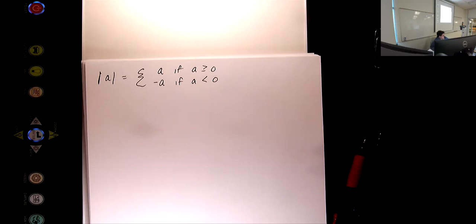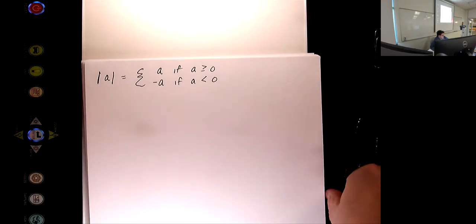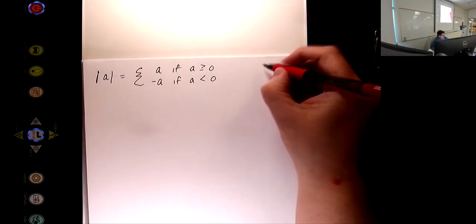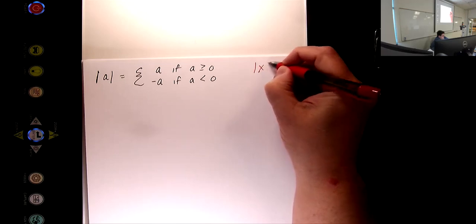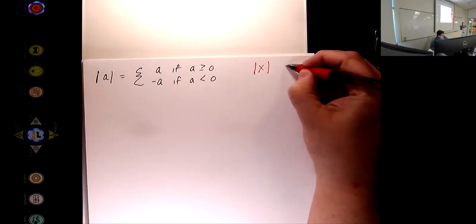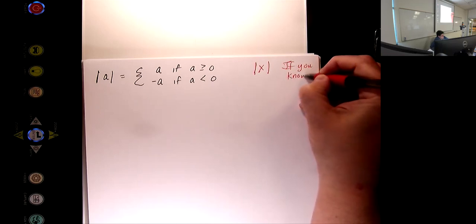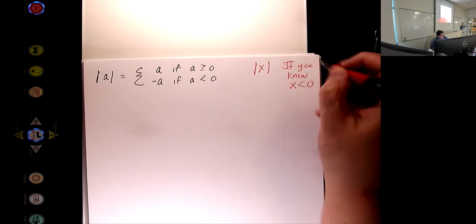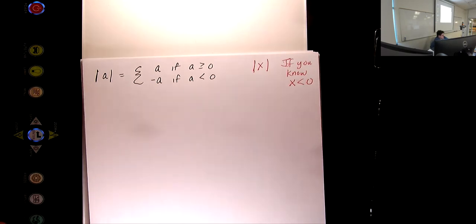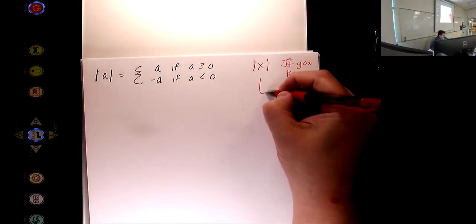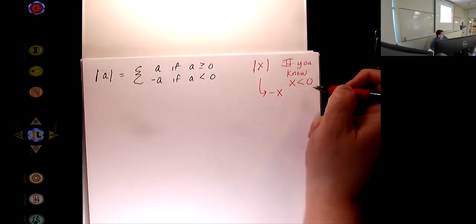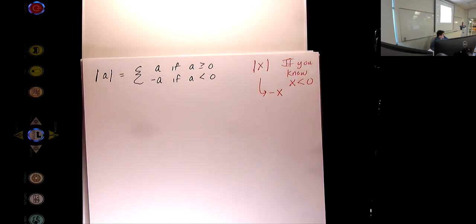That may seem silly at some point, like why do I need to write it both ways? There will come a time eventually that you'll see something where you have the absolute value of X, and if you know X is less than 0, like there's no chance at all it's positive, then I can replace this with negative X and not have the absolute value signs anymore.